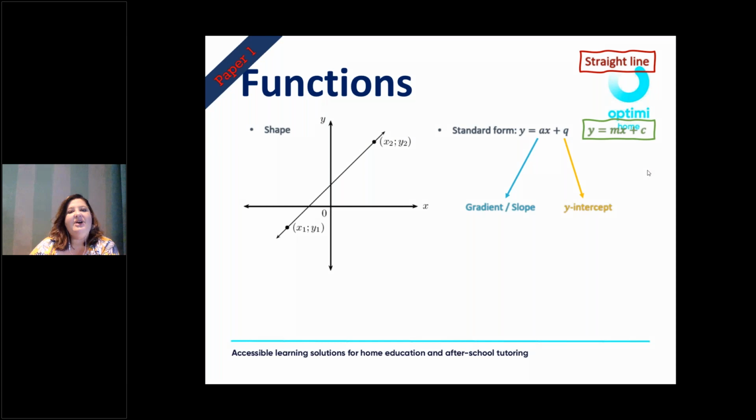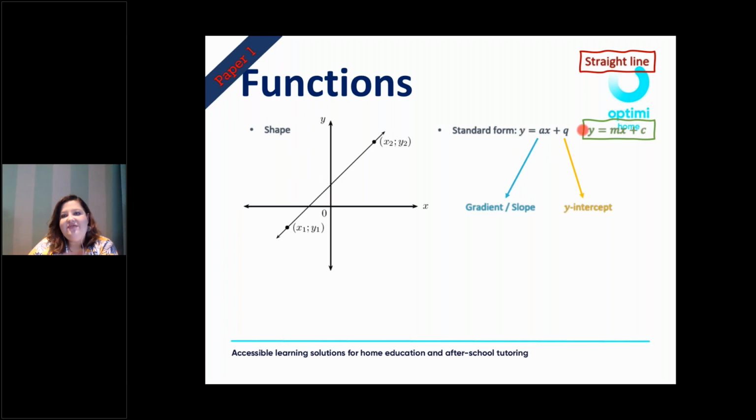If you think back to our definitions that we have done, we said that the y-intercept is the place where the line cuts or intercepts our y-axis. So if I look at this straight line over here, this point that I'm indicating, this is your y-intercept.